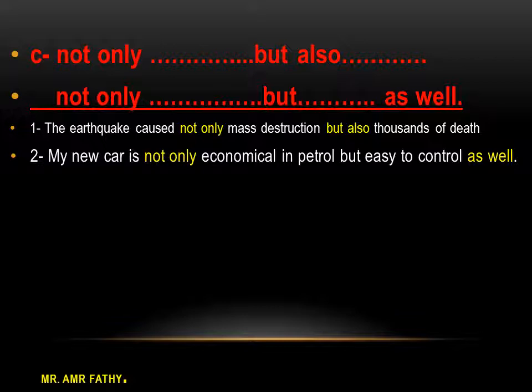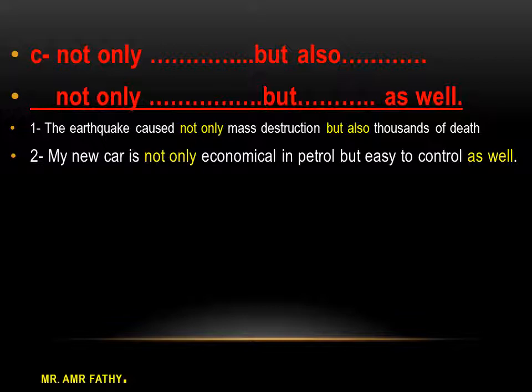Look at number 2. My new car is not only economical in petrol but easy to control as well. Notice that not only here is used after the verb to be. Don't say my new car not only is, of course that's wrong. Take care of the position of not only in the sentence.